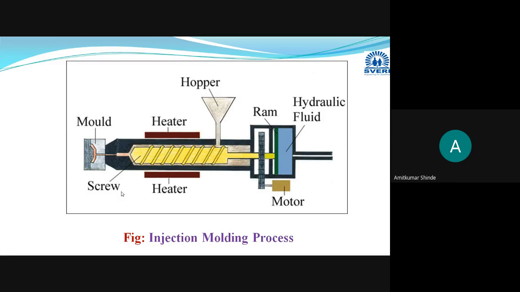Complex shaped or complicated shaped components you can easily manufacture here. So these are the advantages: very less processing time, higher production rate, accurate dimensions, minimum wastage of material, and complex shaped components.